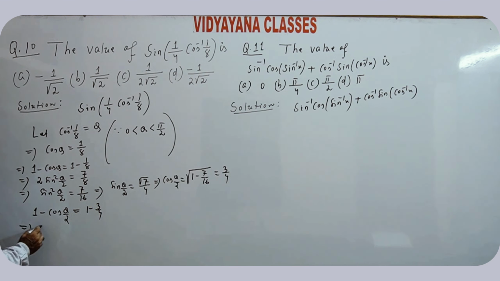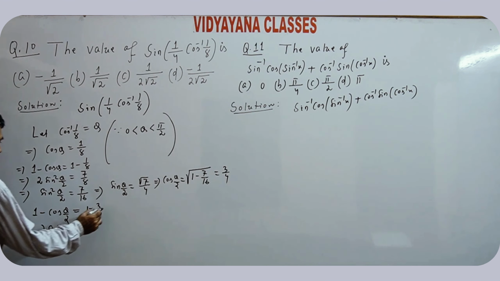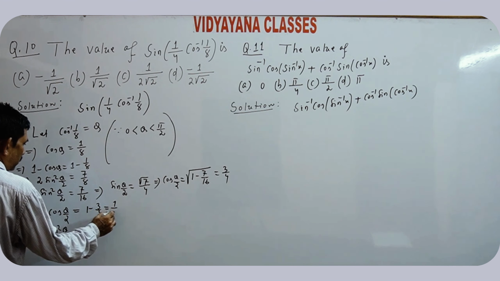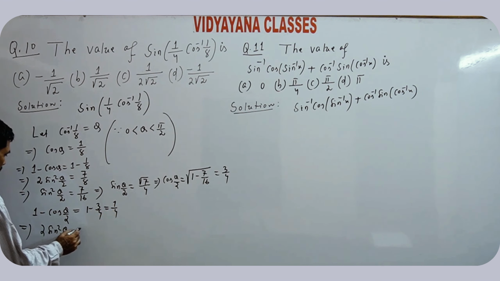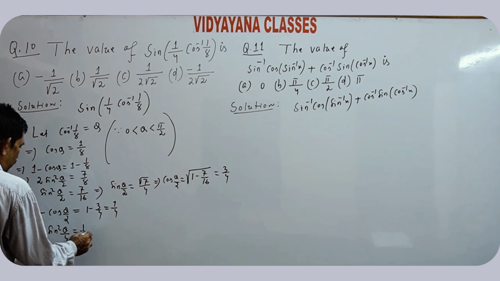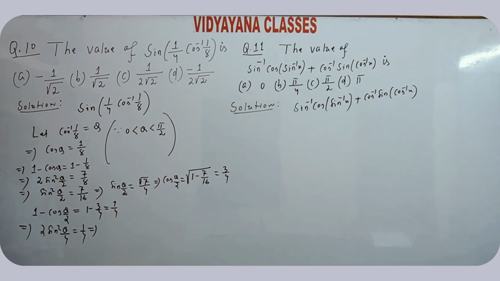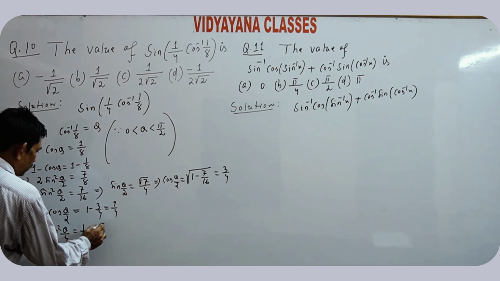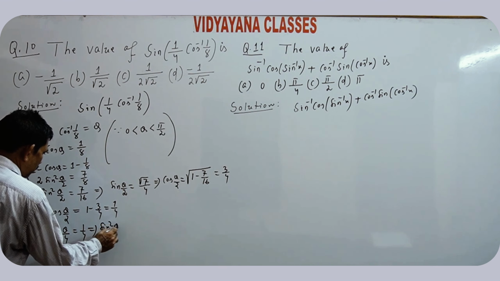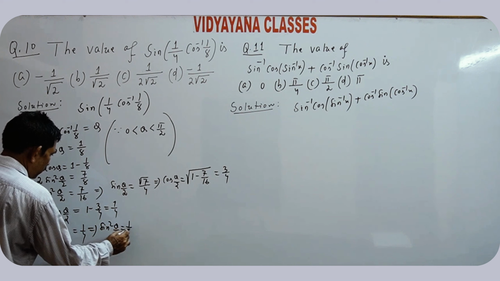1 minus cos theta is equal to 2 sin square theta by 2, that is theta by 4, is equal to 1 by 4, which implies sin square theta by 4 is equal to 1 by 8.